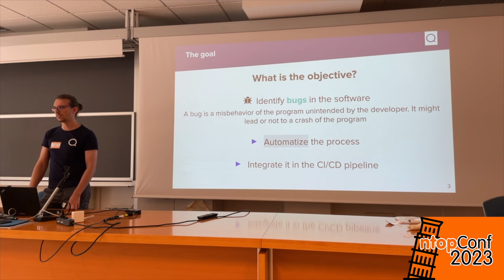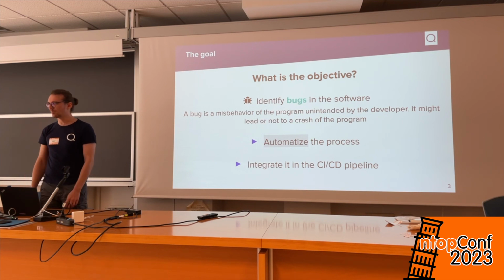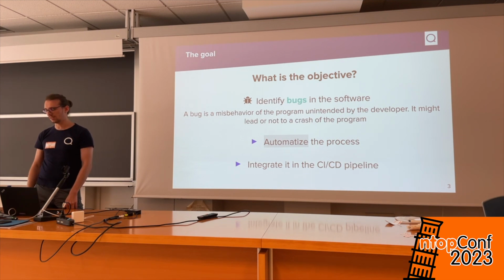Since finding bugs is a really manual and tedious job, and a lot of the times we are missing them, we want to automatize it as much as possible, and if possible, we want even to integrate it in a CI/CD pipeline, so that we really can have automatic testing at every commit or every release, every time we want.